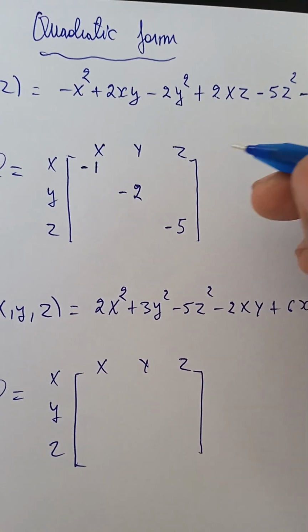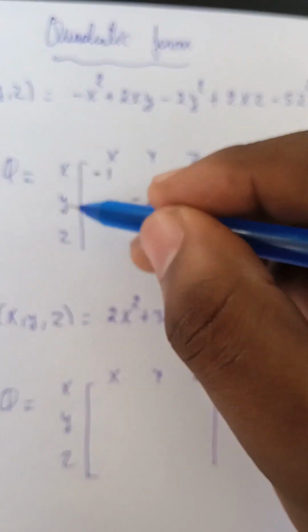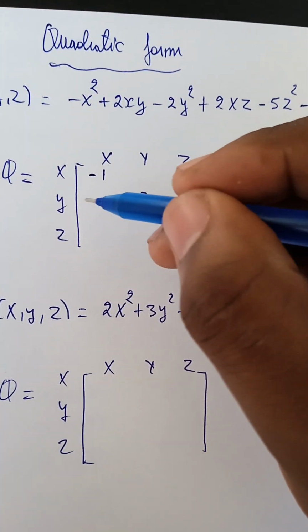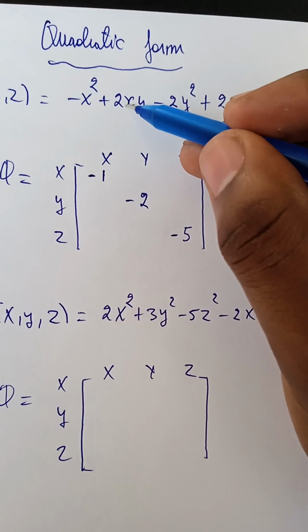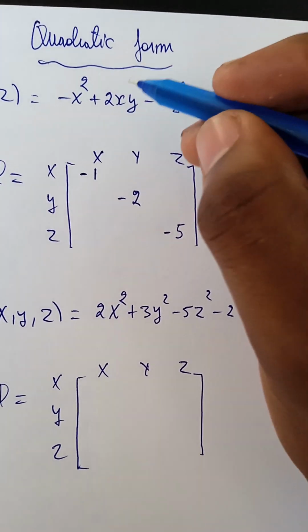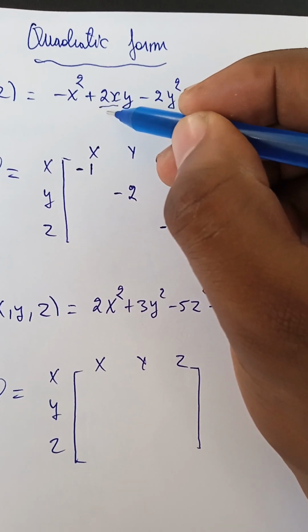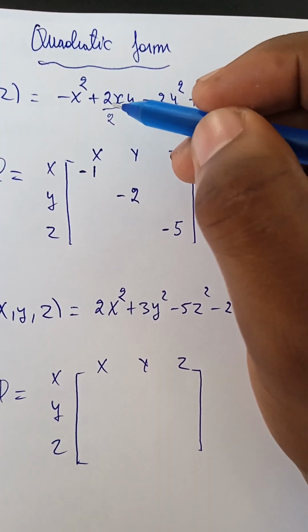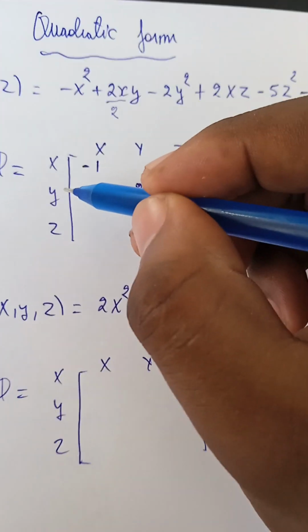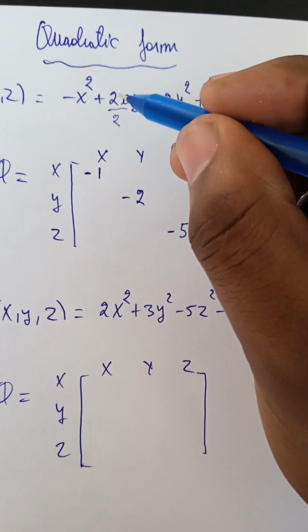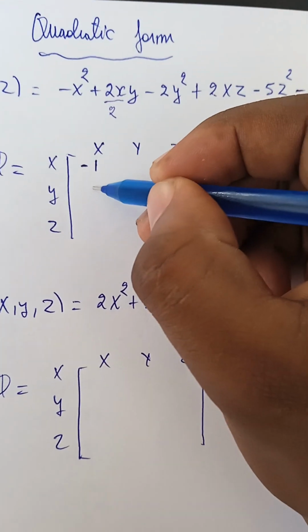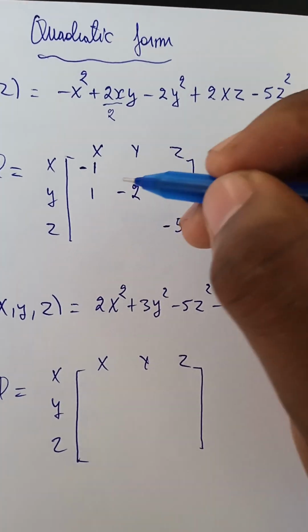Minus 5 here. Here we have x and y. For x and y, you have to divide the coefficient by 2. You get 1. Here we have y and x, and the coefficient will be 1. Put 1 here.